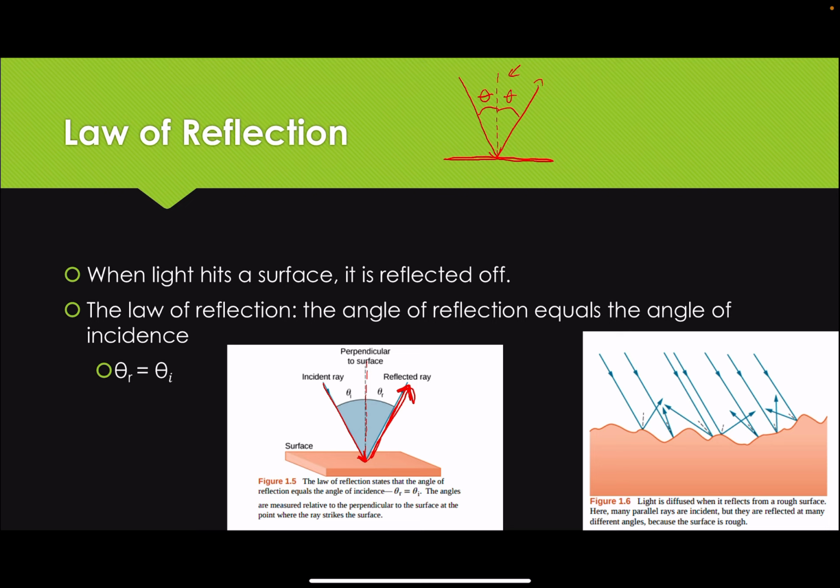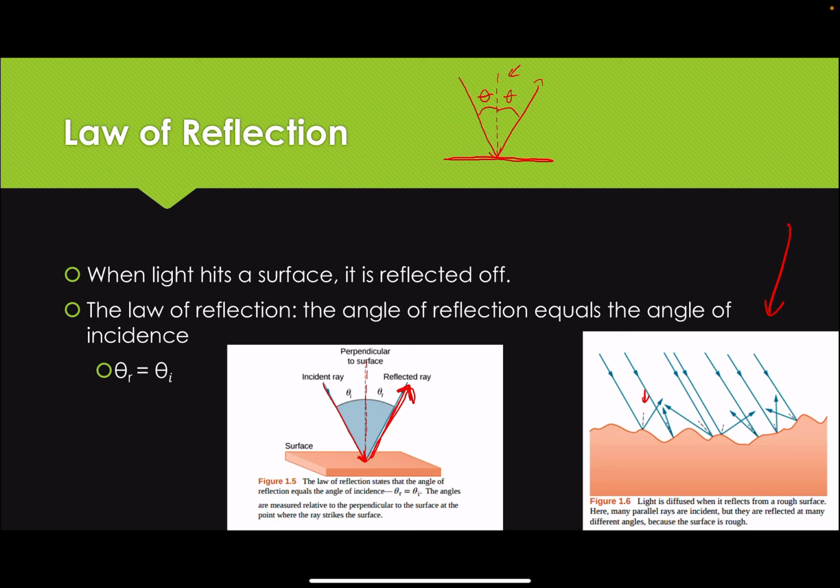Now, if we have a less smooth surface, you can see over here, all the rays are still going to follow this pattern. And you can see they sketch in these normals, but the normals are in different directions. And because the normals are in different directions, the light ends up being scattered. And so mirrors end up being pretty flat, pretty smooth. Light travels and reflects off pretty symmetrically everywhere.